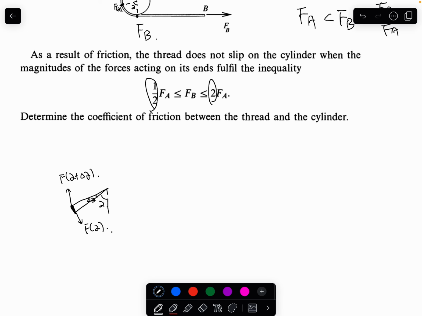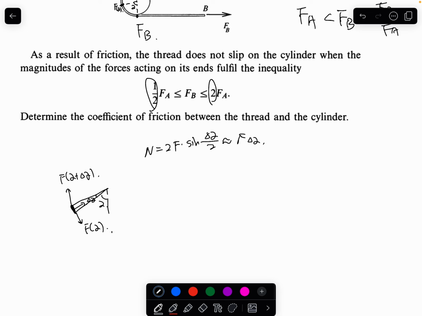So the total force is what? It's very easy, and you must have known that it points to the center, and it equals N, which approximately equals F delta alpha.